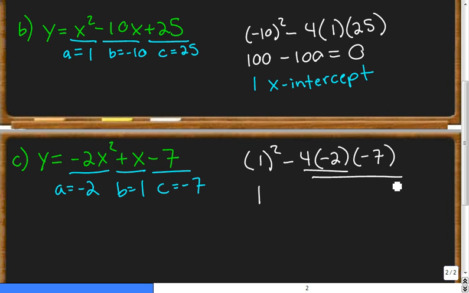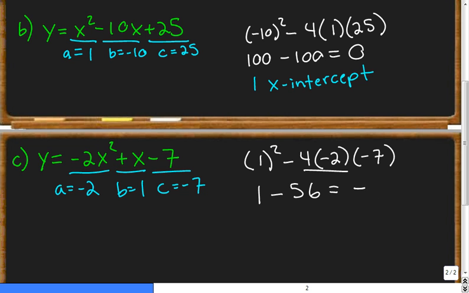Negative 8 times negative 7 makes positive 56. So we subtract away 56.